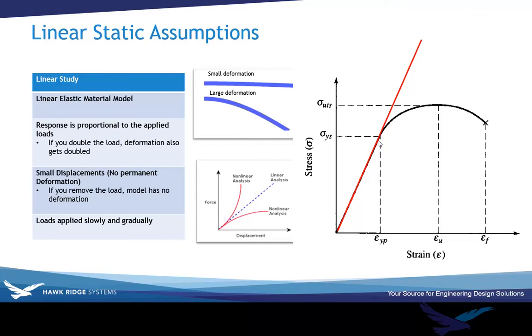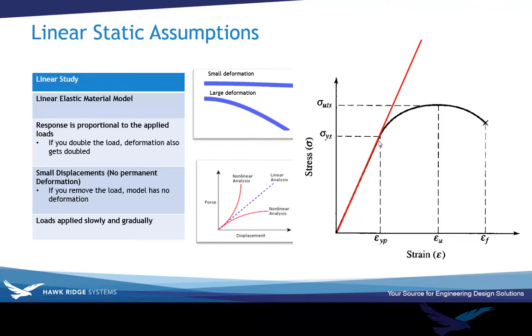Another assumption that we make is no permanent deformation. If you remove the load, the model goes back to its original shape. If we wanted to get it beyond yield, or if we wanted to load it and it was going to go into the plastic range, then that's when we would need a nonlinear study. The other assumption is that the response is proportional to the applied load.